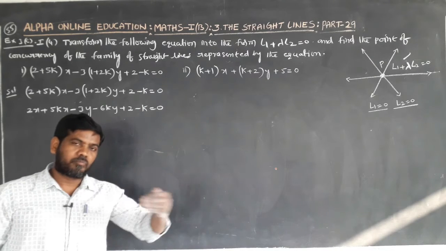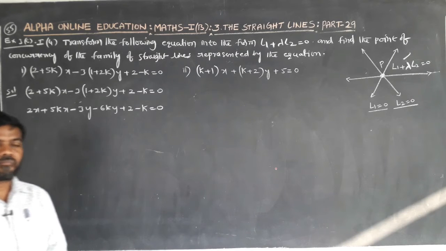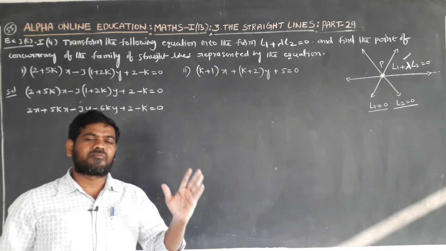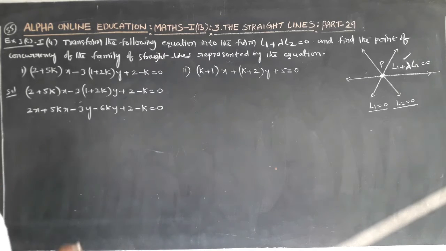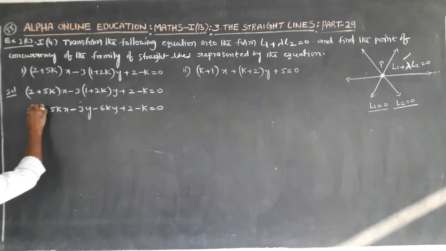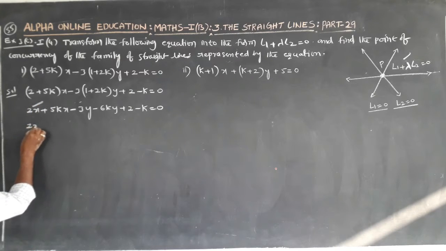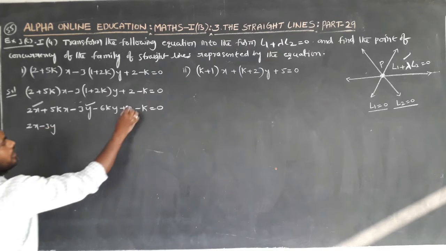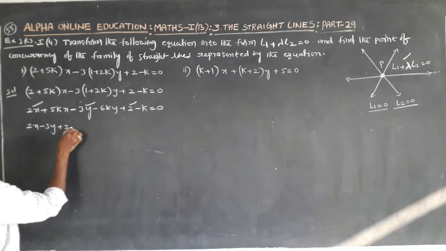First of all, after multiplying, write the x term, y term and constant term. Here the x term is 2x, the y term is minus 3y, the constant is 2.